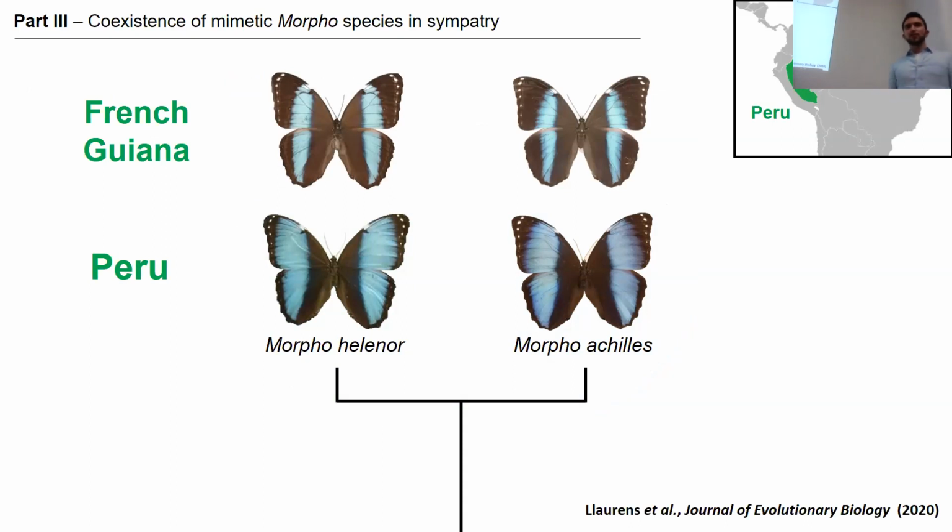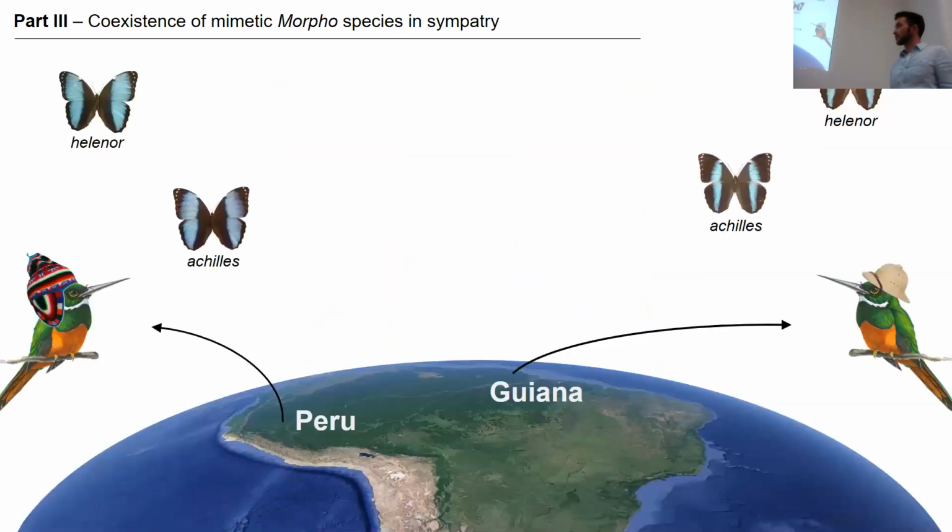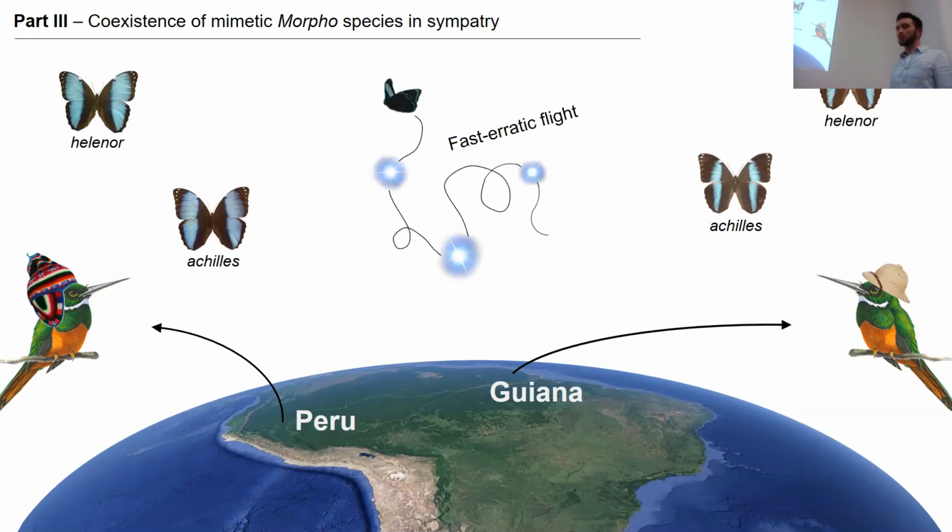To explain this convergence, we have a strong hypothesis. It may be influenced by the predator community that is different between regions of Amazonia. So here, I symbolize the predator birds from Peru on the left and birds from Guyana on the right. And as I showed you previously, these understory species have a powerful flight, but they are quite hard to catch.